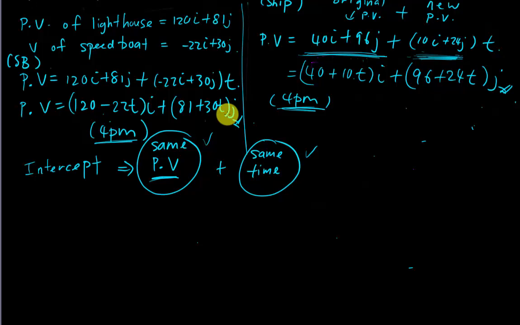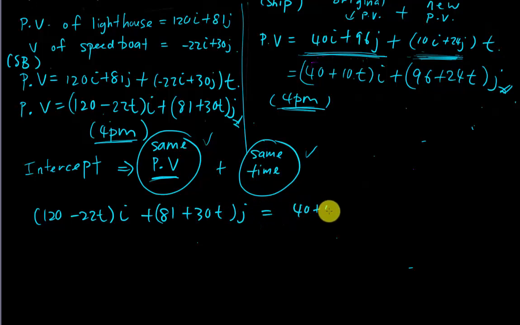So I will write down 120 minus 22t i plus 81 plus 30t j equals 40 plus 10t i plus 96 plus 24t j. I will make them equal.